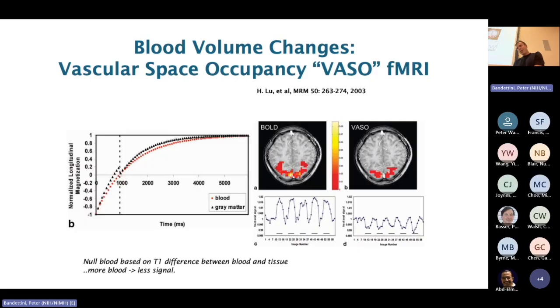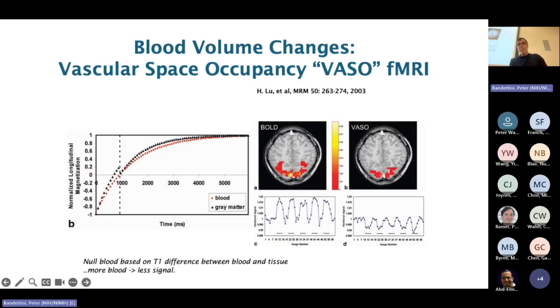So if you give a 180-degree RF pulse, signal slowly relaxes because of the longitudinal relaxation, and it turns out blood has a different T1 than tissue. And it's different enough such that you can wait until the signal goes negative, and then it goes to 0, and then it goes positive. It turns out if you wait until the blood goes through the null point or zero, that tissue has already gone beyond the null point. So there's a little bit of signal in the tissue.